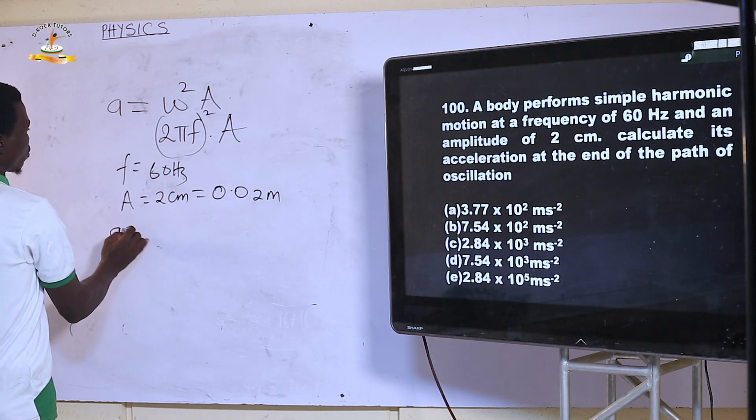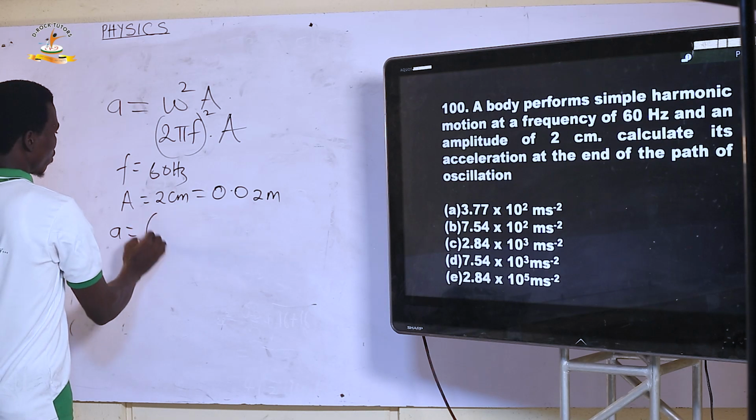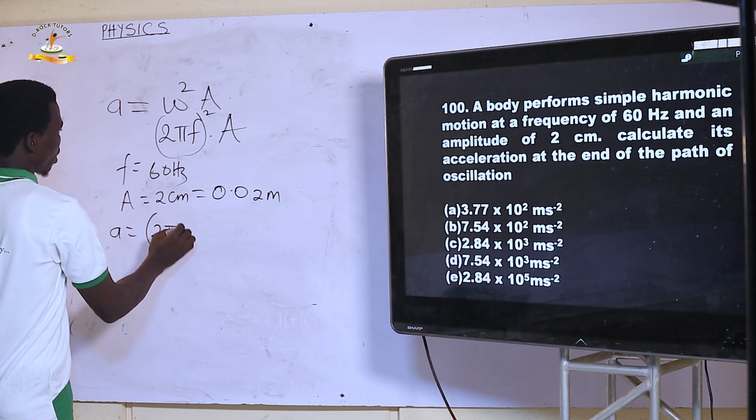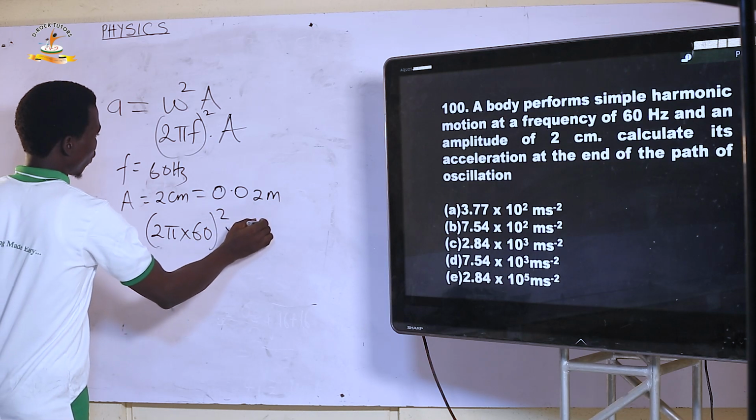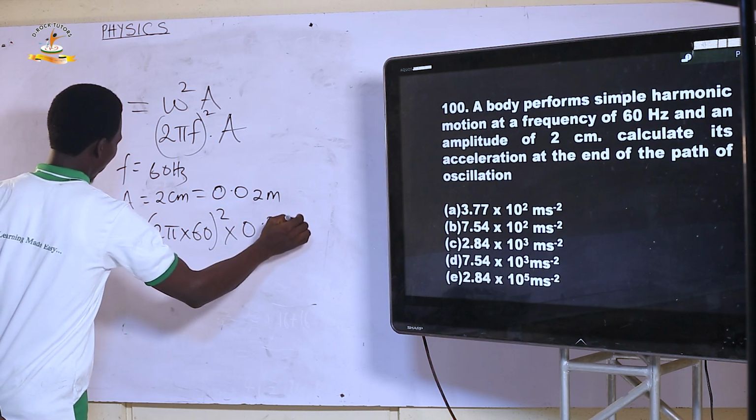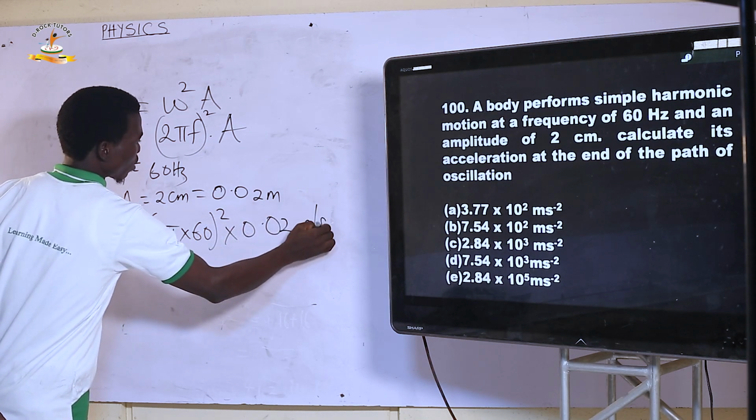So acceleration is going to be omega squared, that is 2 pi times frequency 60 all squared times 0.02, in meters per second squared.